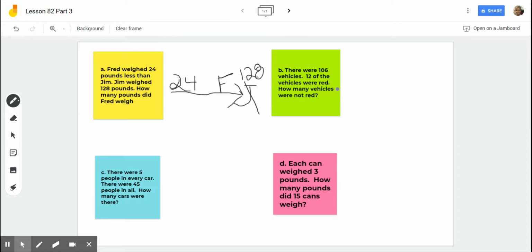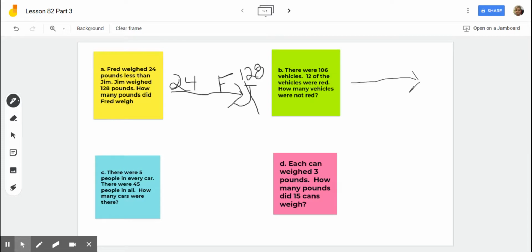Okay, so let's look at B. There were 106 vehicles. 12 of the vehicles are red. How many vehicles were not red? I really think this is, again, an addition or subtraction problem. So I'm going to draw my straight arrow.